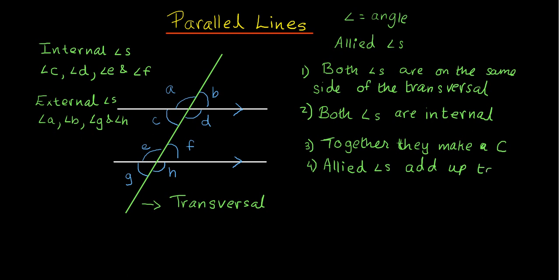So let's see which angles form allied angles. Right, so we'll start off with angle D, because it's an internal angle on the right hand side of the transversal. So that's angle D, and then the other angle which will form an allied angle with it is going to be angle F here, and can you see they make like a C?